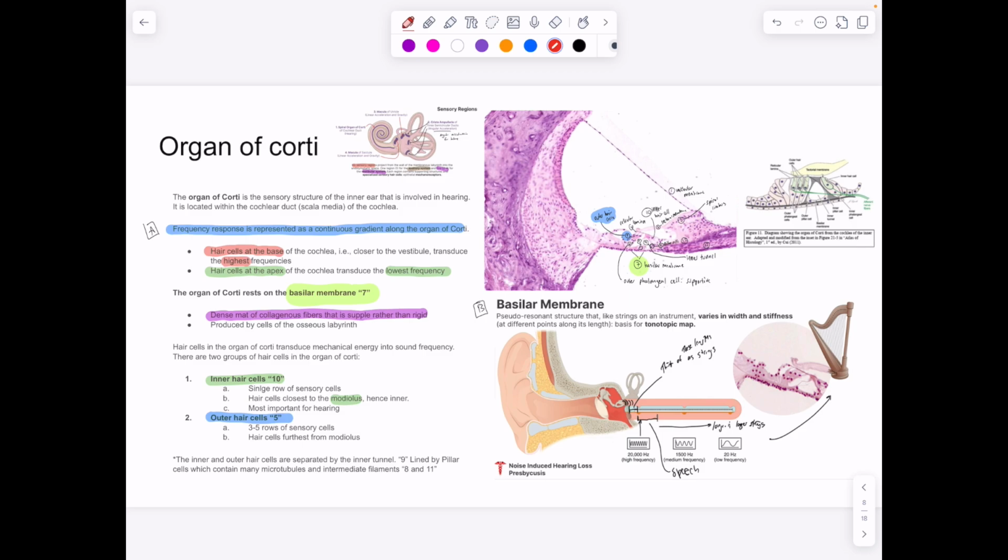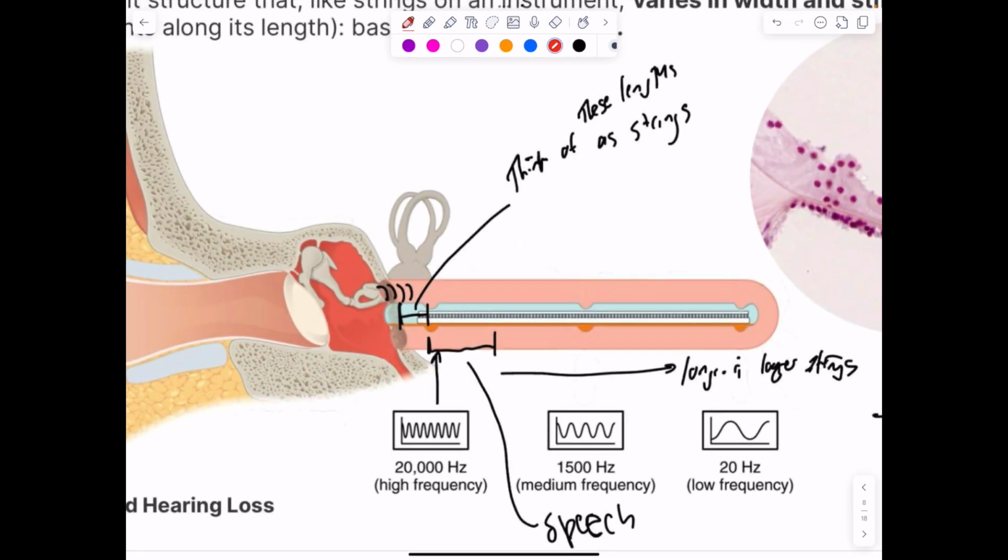So we have our cochlea. The sensory part is the organ of Corti, which has our hair cells sandwiched between the gel membrane and our basilar membrane.